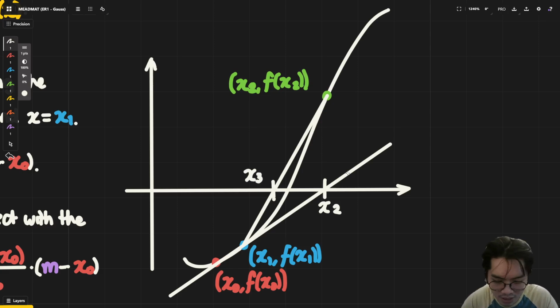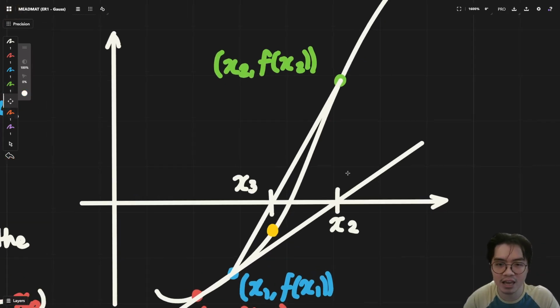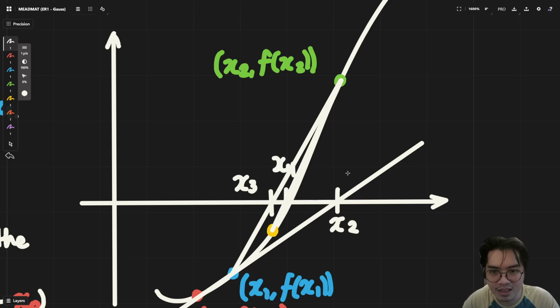Then you create a secant line between x2 and x3, and you see this is getting closer and closer to your answer. Now your x4 is here, and you're already very near the answer. So that is the power of the secant method.